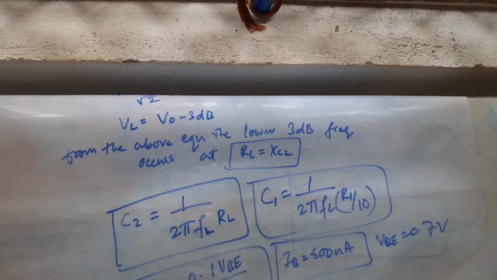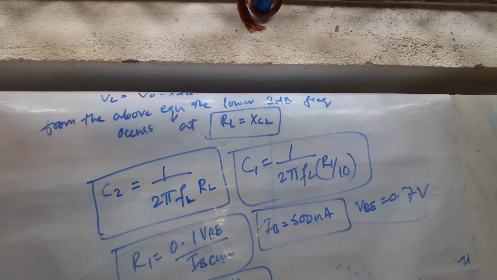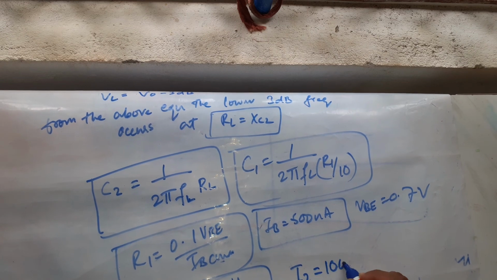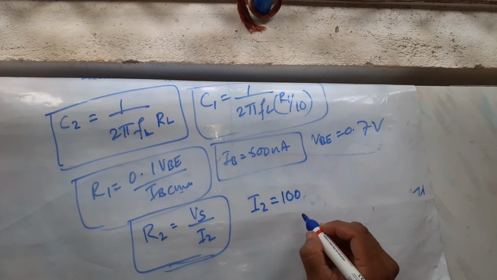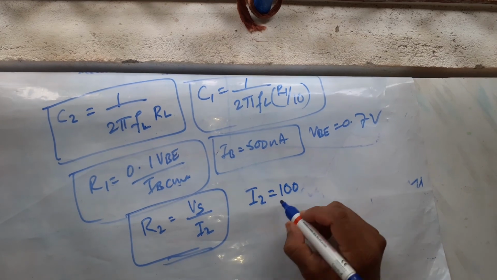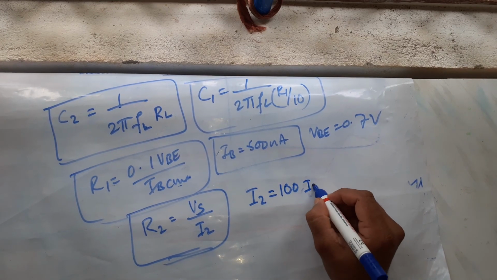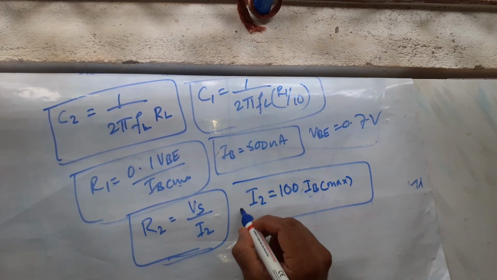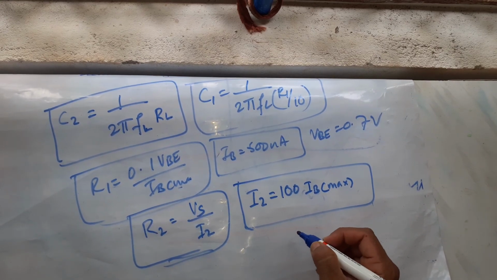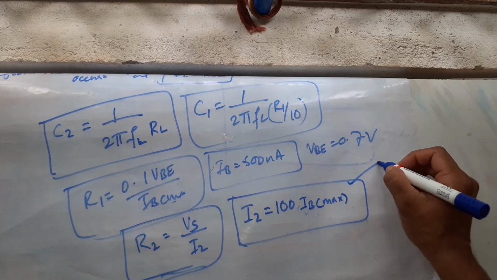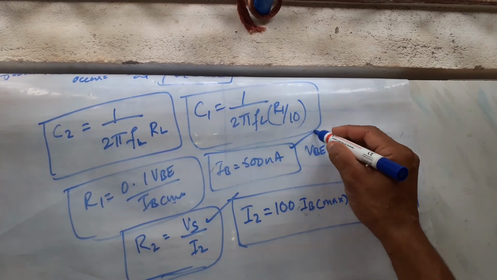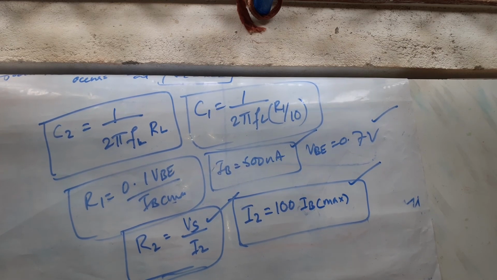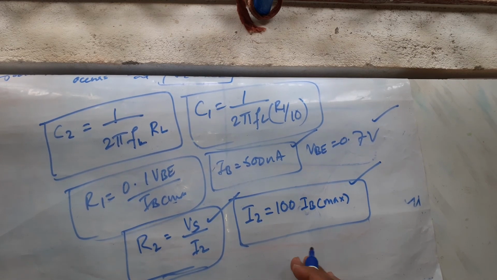Where I2 is 100 times IB max. Very important. All these things you have to assume as they are. Don't make any changes. All these are fixed values. Nothing to be changed. As it is you have to use.